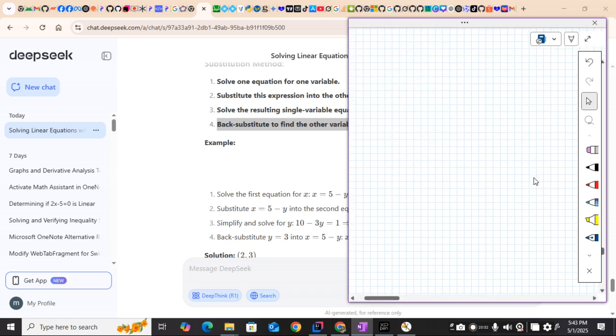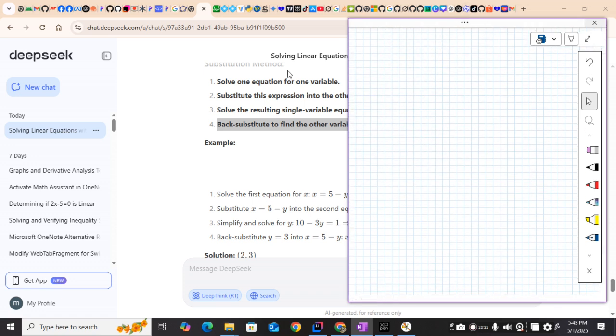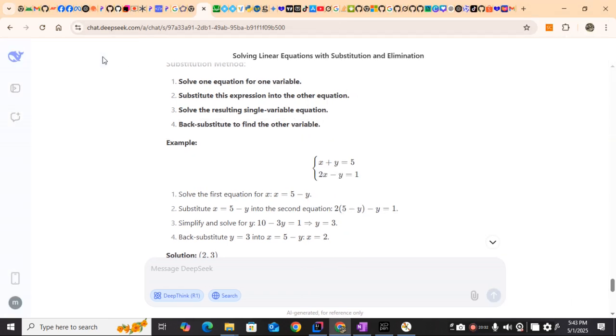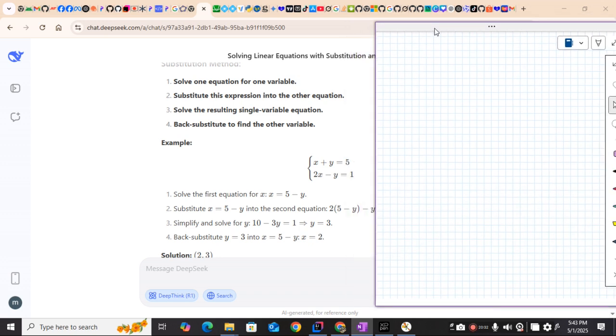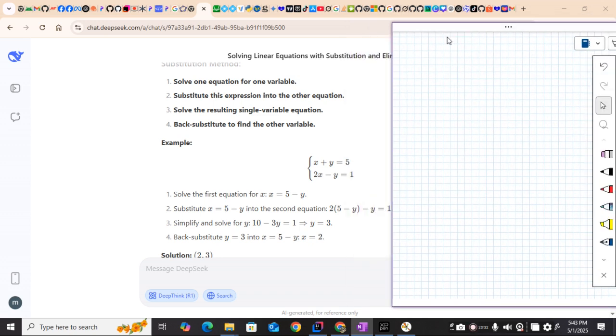Let me write it down and let's try to solve it. In my notes, we start by writing the problem itself. So x plus y equals 5 and 2x minus y equals 1.